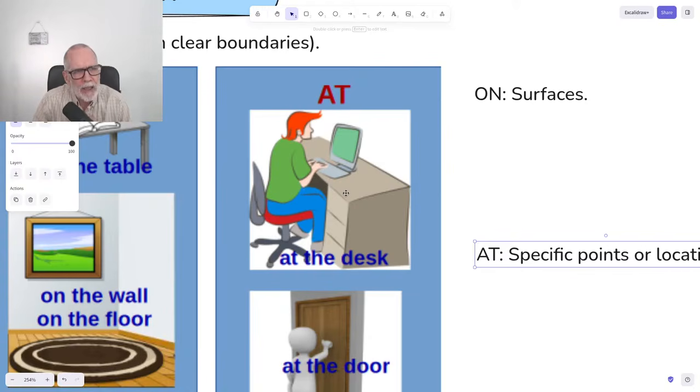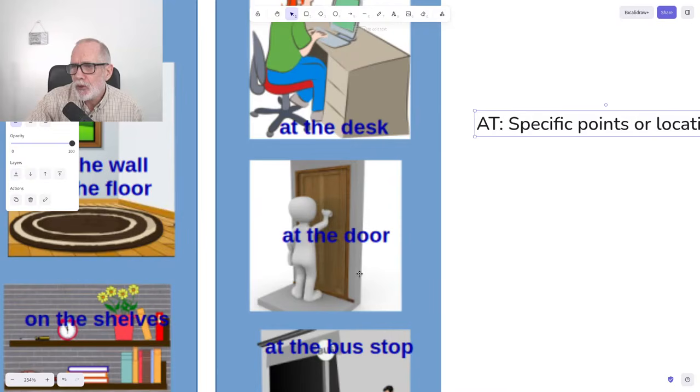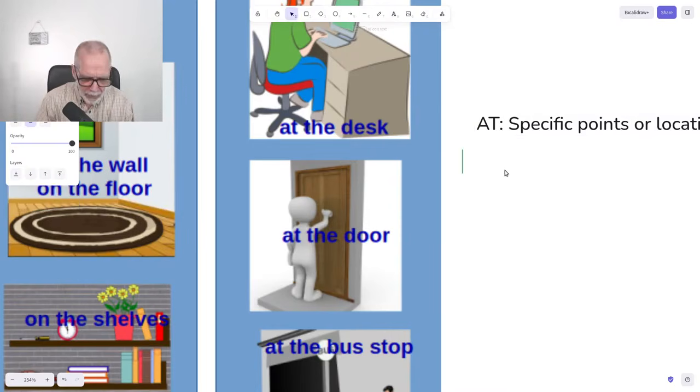O sea, vemos el escritorio como un punto en la habitación. The desk is a point, un punto, in the room. Fíjense que digo in the room, usamos in con room, con habitación. At the door, there's somebody at the door. Hay alguien en la puerta.